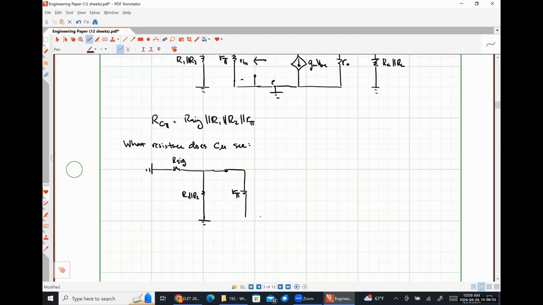Here's R pi. And RC in parallel with RL.